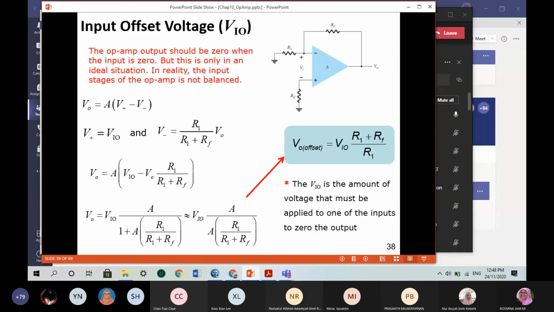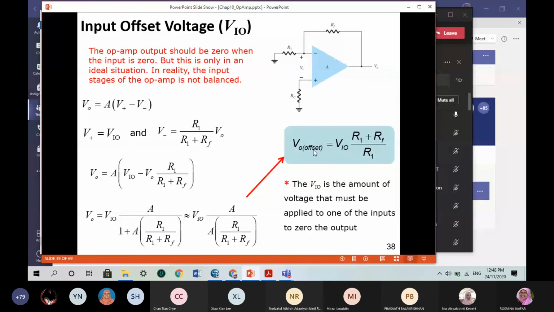Okay. The input offset voltage, VIO. The op-amp output should be zero when the input is zero, but this is only in the ideal situation. In reality, the input stages of the op-amp are not balanced. Okay, you will have a VO offset. When the input terminal is not grounded, you have R1 and RF here.